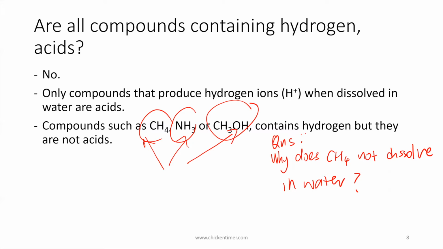Ammonia, on the other hand, dissolves in water but does not produce H plus. So why does methane not dissolve in water? You can type your answer out in the open space. Because it is a simple covalent molecule, that's why it does not ionize in water.